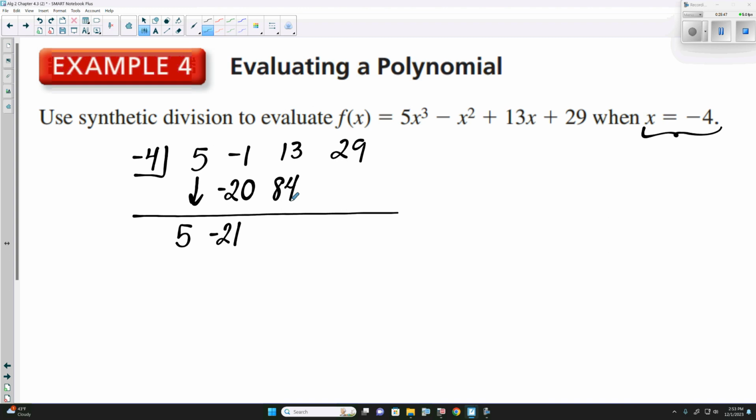Now 13 plus 84 is 97. Negative 4 times 97, 388. And lastly, 29 plus negative 388 is negative 359. And that would be our remainder.